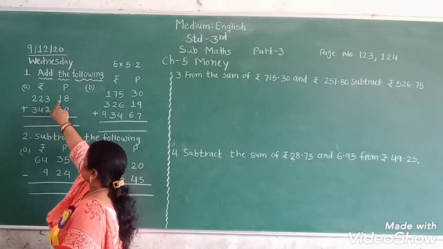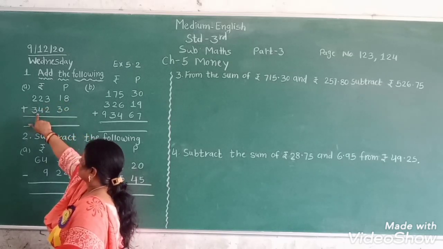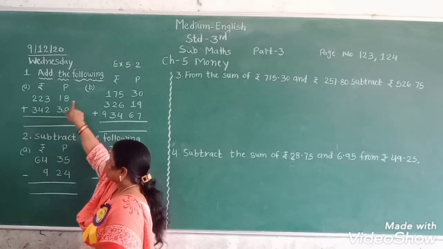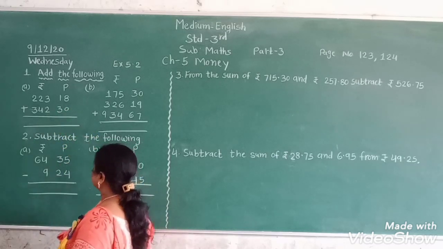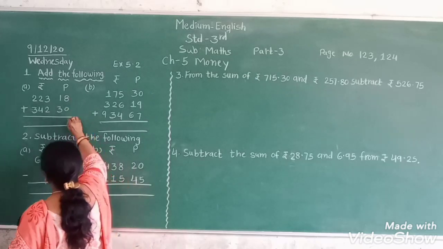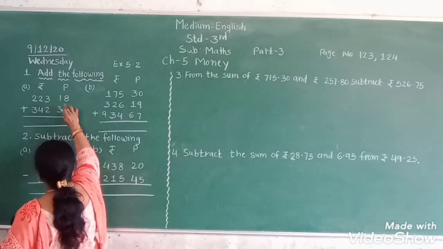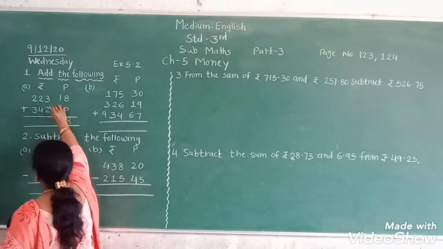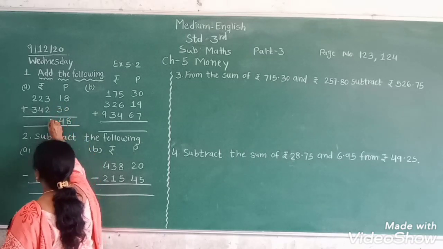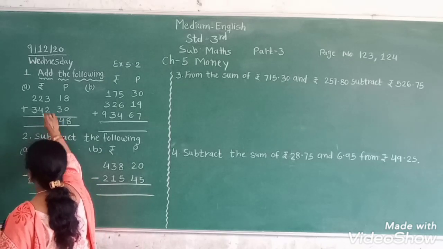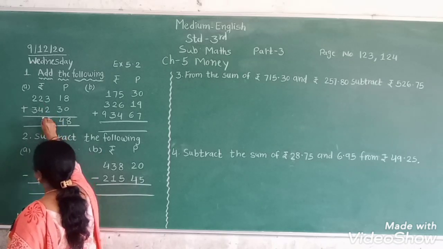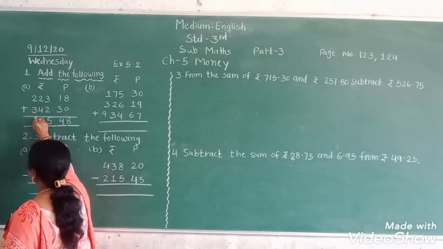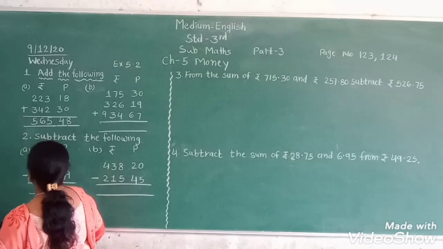223 rupees 80 paise, 342 rupees 30 paise. So, we will do add. So, 80, 8, 1 and 3, 4, 3 and 2, 5, 2 and 4, 6, 2 and 3, 5.